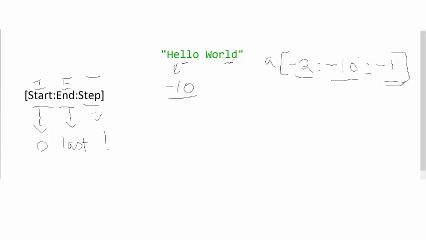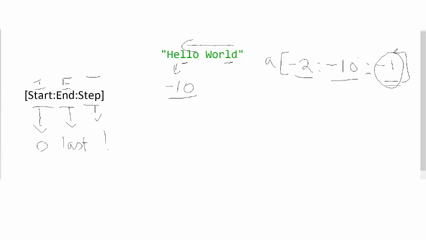And the step size is -1. So we are going in reverse direction. This is the meaning: -1 means we are going in reverse direction. So starting from L, we are going to read in reverse direction to this particular L. So this is the meaning of this -1.